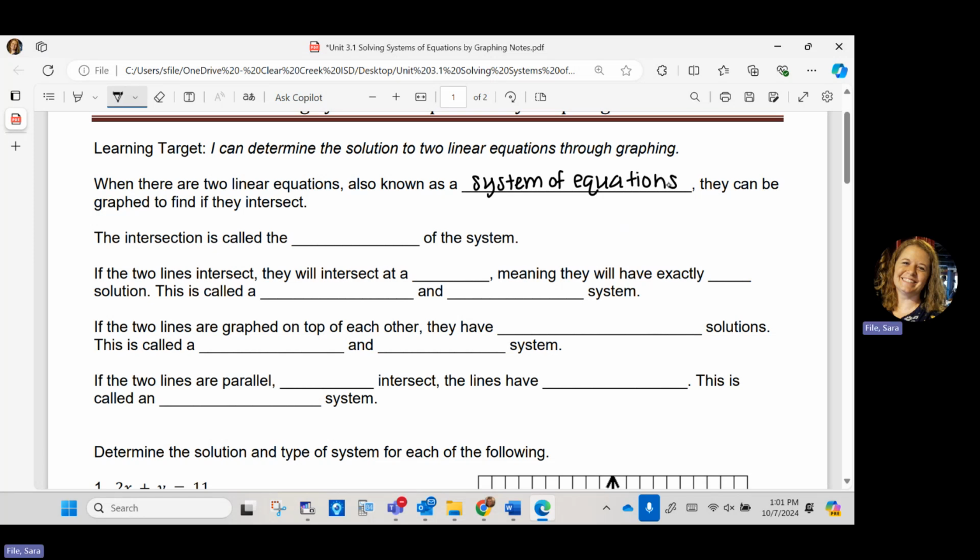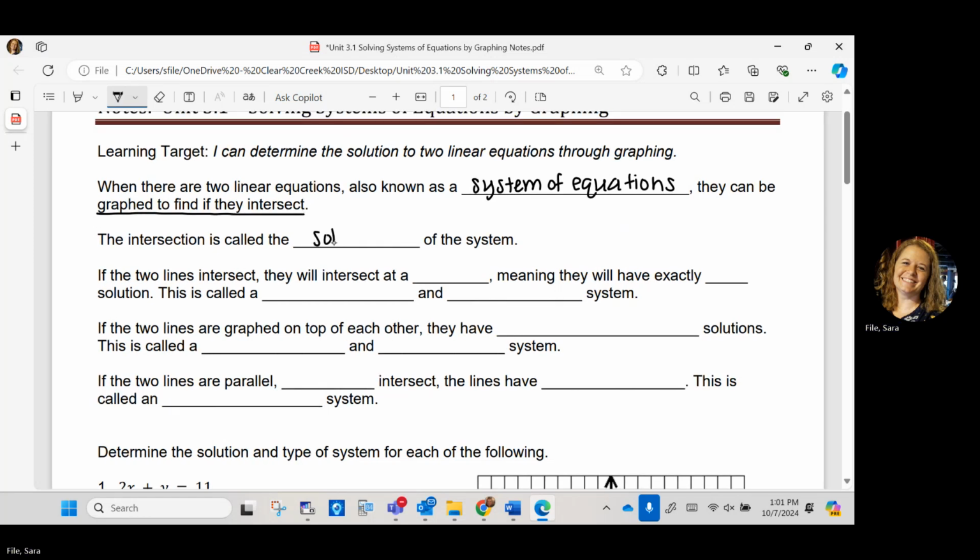Okay, and they can be graphed to find out if they intersect. So that's what we're going to focus on today, graphing to find out if they intersect. If they intersect, the intersect is the solution. So if you're told to solve the system, you're looking for a solution to the problem.